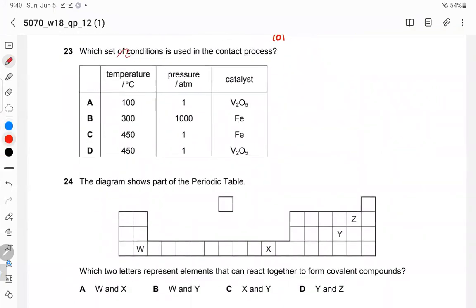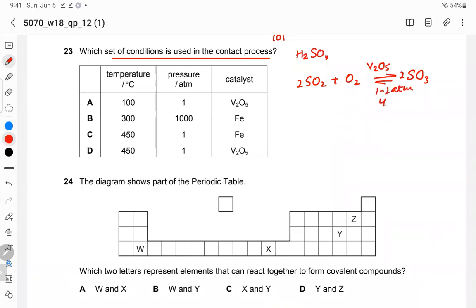Question number 23. Which set of conditions is used in the contact process? Contact process is for the production of sulfuric acid, and they are asking about the conditions when sulfur dioxide reacts with oxygen, forming sulfur trioxide. And here we use vanadium(V) oxide as a catalyst, 1 to 2 atm pressure, and around 400 degrees Celsius.